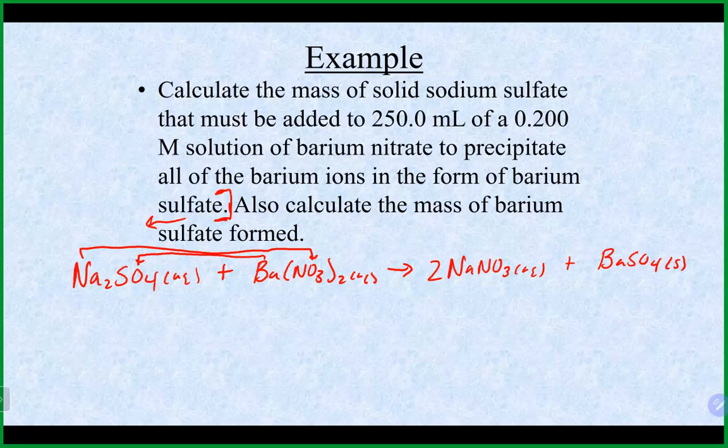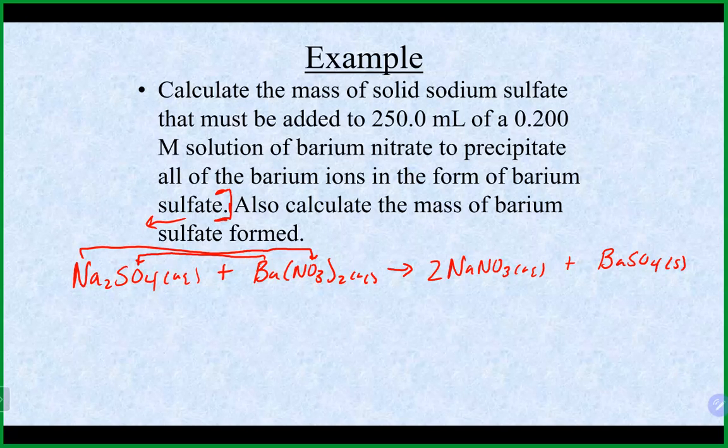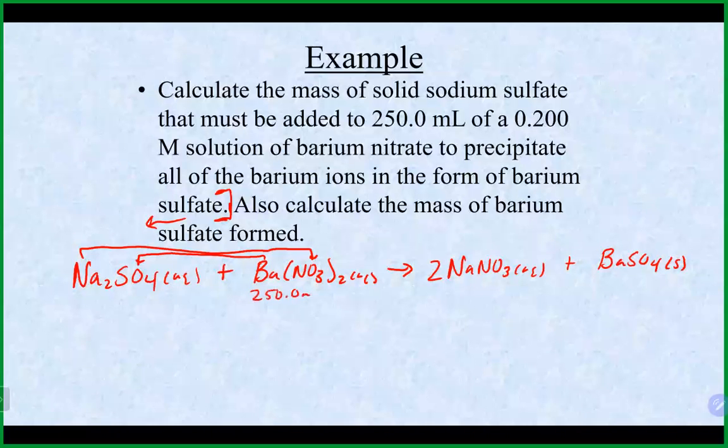So now that we have our equation balanced, we want to do step number 2, which is take whatever they gave us and convert it to moles. The only thing given to us is 250 milliliters of 0.2 molar barium nitrate.